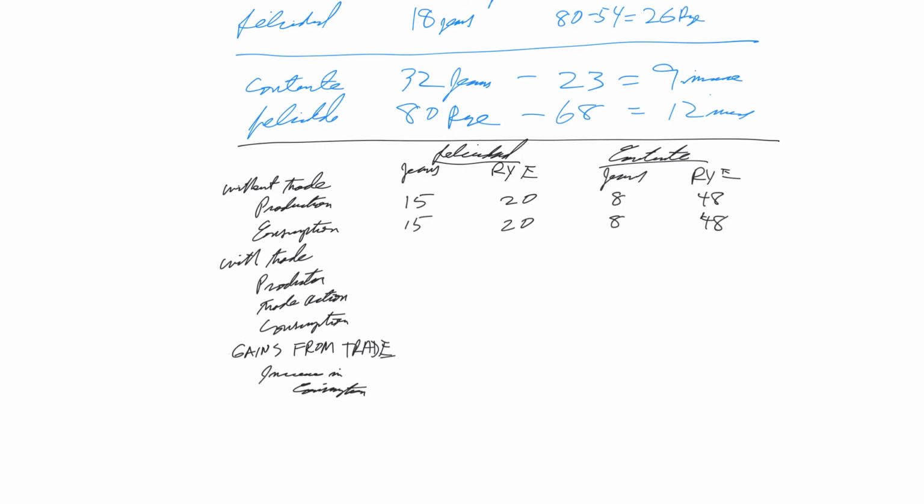Now, with trade, how many genes is Felicidad producing? We already figured that out. They're producing 0 genes because they're specializing in rye, and they're producing 80 rye.